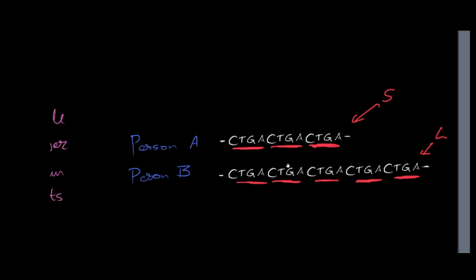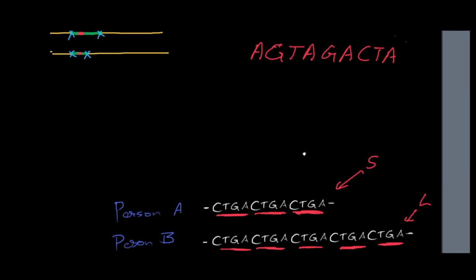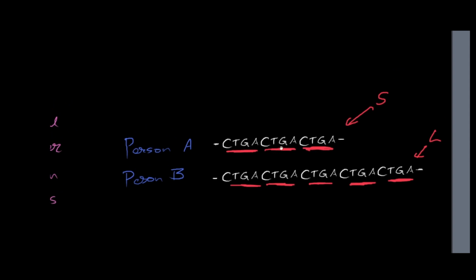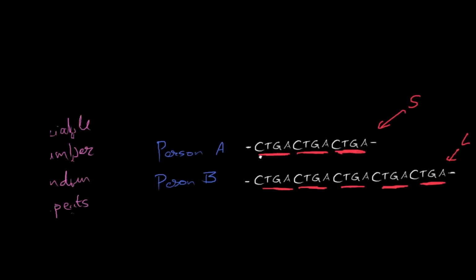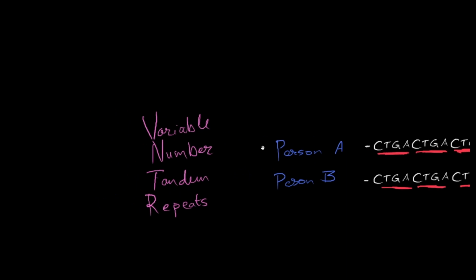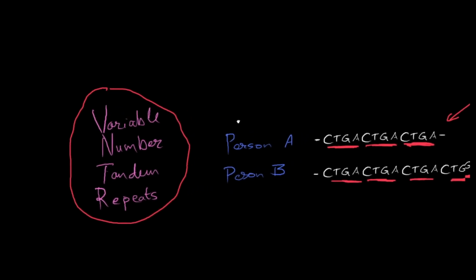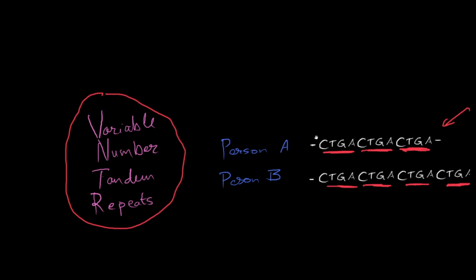Okay, and now the only question that remains is, is this actually seen in human DNA? I mean, is this hypothetical, very convenient situation that we've cooked up to satisfy our requirements actually seen in human DNA? And it turns out yes, there is a part of the DNA that is termed variable number tandem repeats, which shows exactly this property, which is that they have a sequence that repeats over and over.